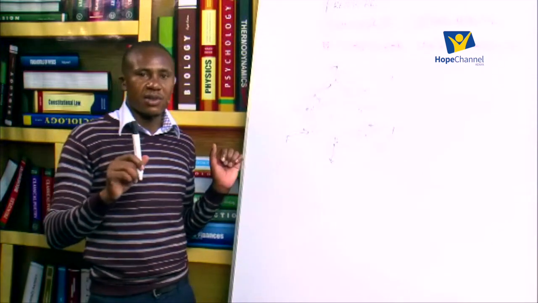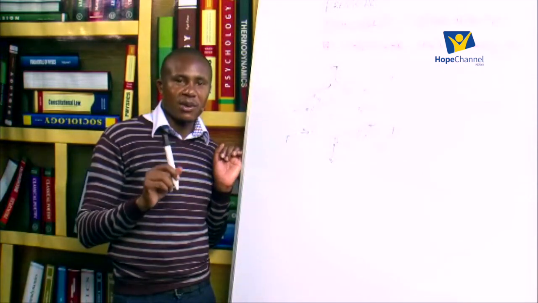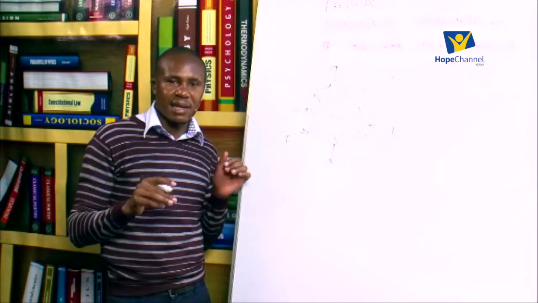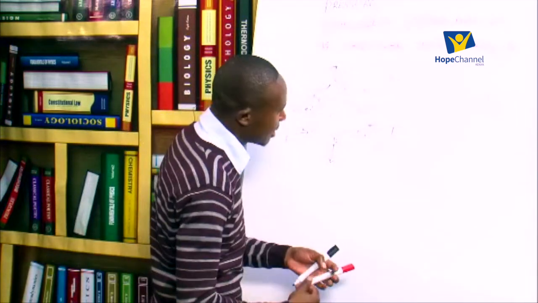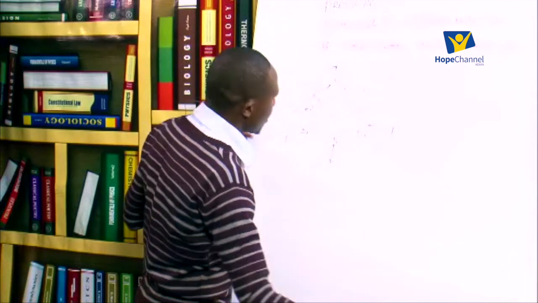So by definition, the principle of transmission of pressure in the liquids tells us that, maybe I can write it here for you. Let me do away with the diagram.